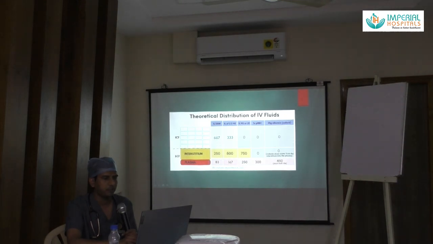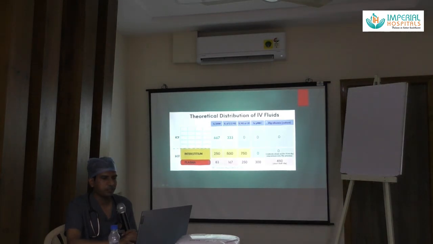Only 8%, that is 83 ml of 1 liter, goes into the plasma. So it is not useful for resuscitation as a fluid. It can be used where cellular dehydration is present, for example diabetic ketoacidosis, severe dehydration, or starvation. In those situations, we can use dextrose 5% water.